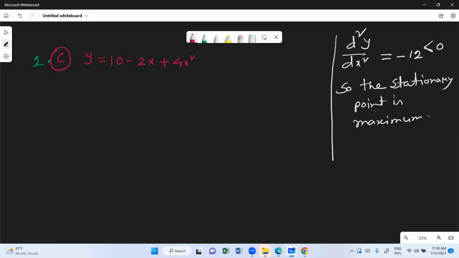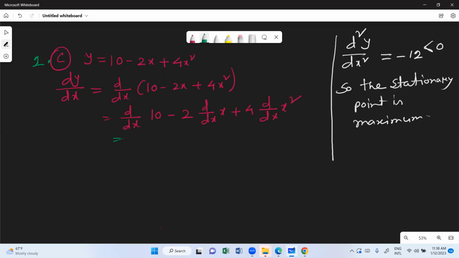y equals to 10 minus 2x plus 4x square. So we have to differentiate this with respect to x. So d by dx of 10 minus 2x plus 4x square. We can differentiate separately: d by dx 10, minus 2 d by dx x, plus 4 d by dx x square.